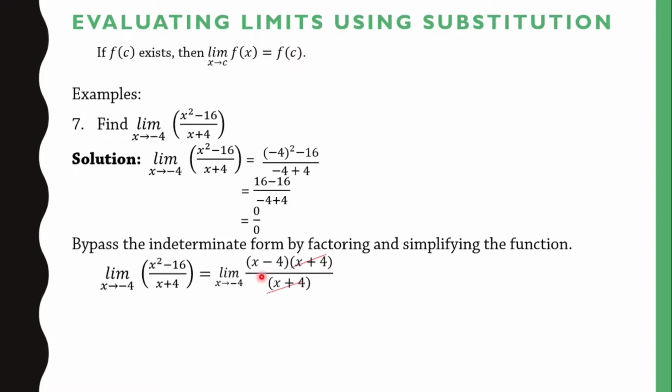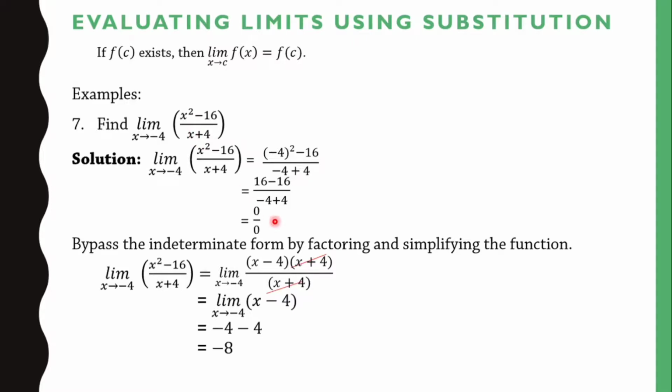So x minus 4 over 1 is just the same as x minus 4. So our new function is now limit of x minus 4 as x approaches -4. So we now substitute -4 to x, that would be -4 minus 4, that will give us -8. So the limit of this function is -8.